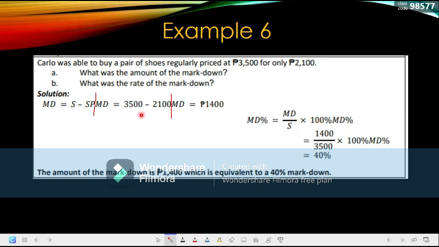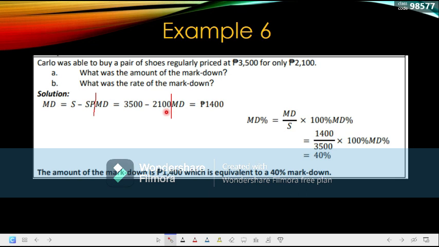To find the amount of markdown is very easy. We will simply subtract the sale price from the regular selling price. The regular selling price of the pair of shoes is 3,500 and the sale price is 2,100.